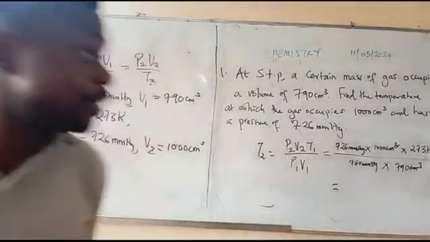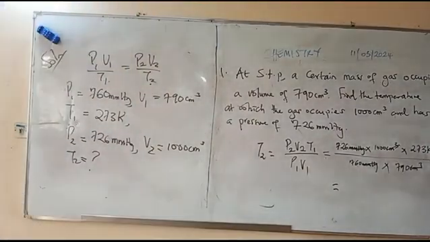Just simply multiply 726 by 1000 by 273 and divide by 760 and 790. What's the answer?